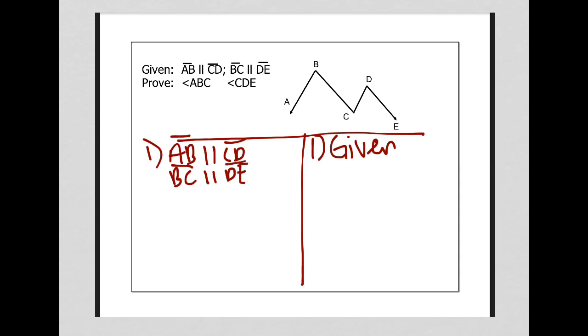So we can mark up our diagram over here and say AB is parallel to CD, and also that BC is parallel to DE.